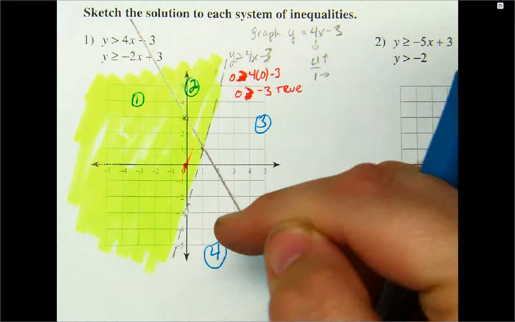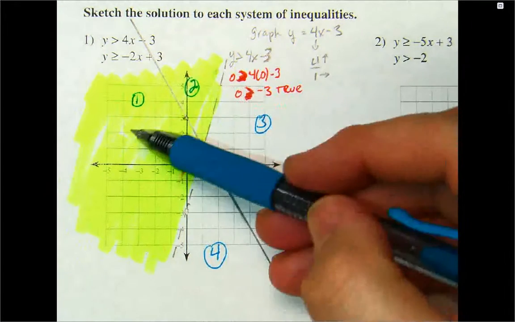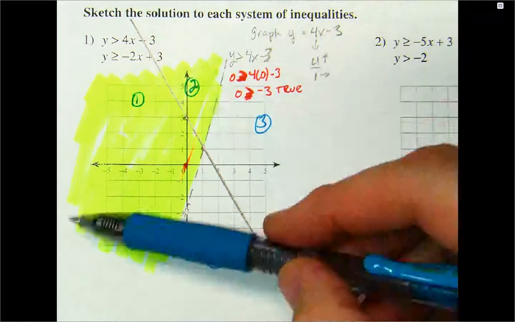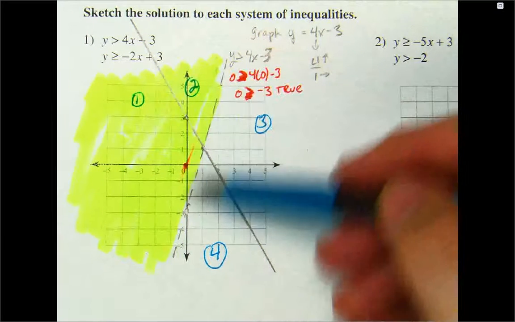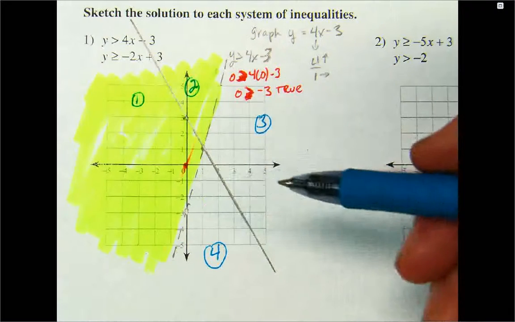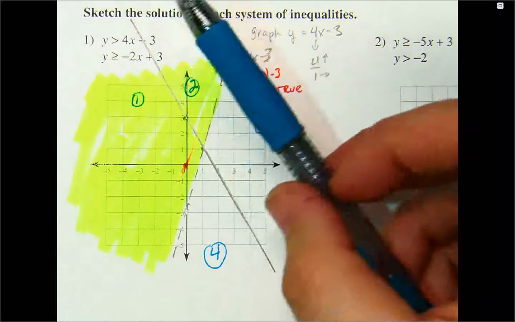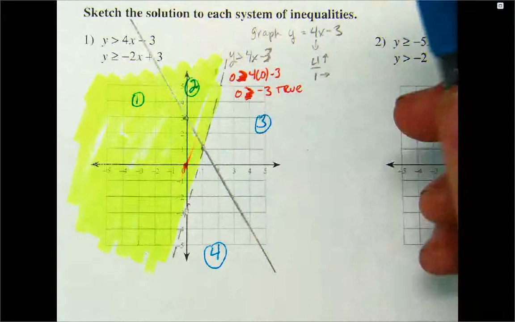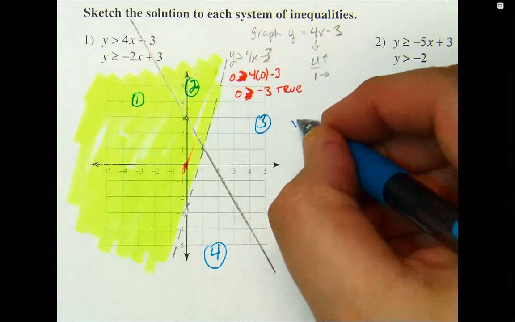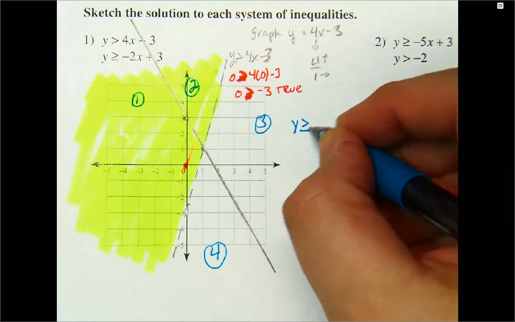So far, I've narrowed it down to 1 or 2 because that is a solution to the first inequality. I got to figure out now where the solutions are for the second inequality, because then that's going to narrow it down even farther. So I need that y is greater than or equal to negative 2x plus 3.